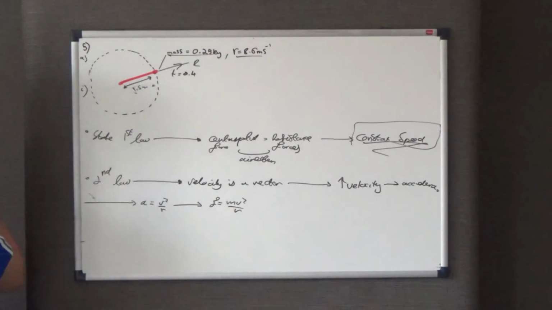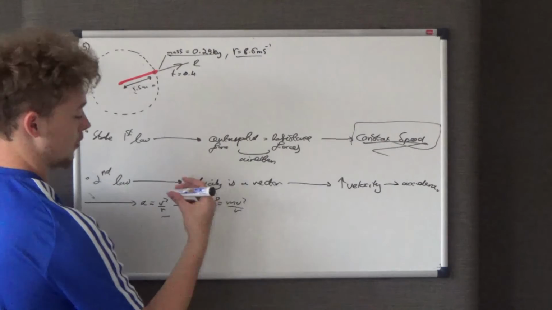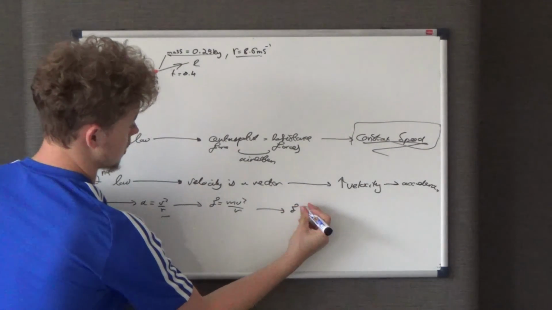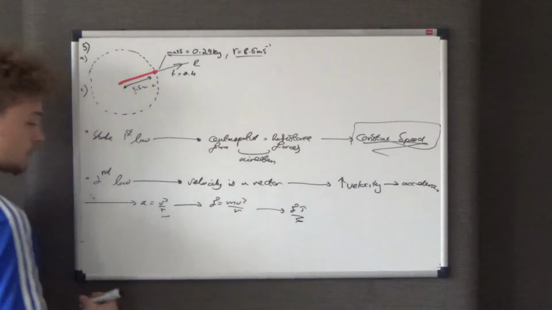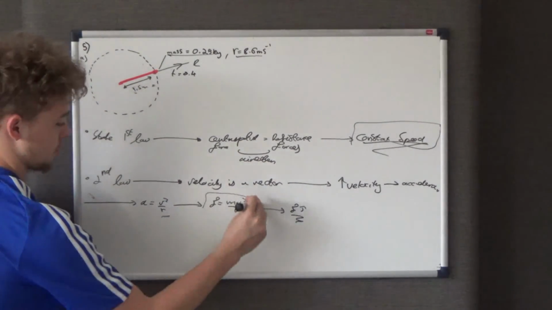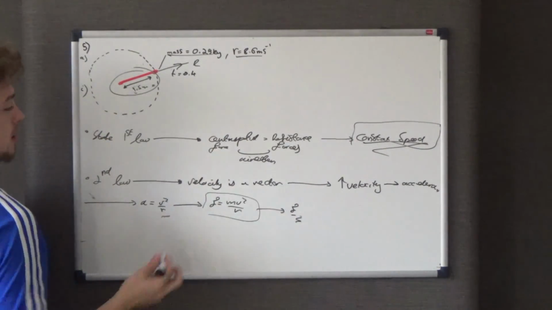We assume the radius is the same, so there is a resultant force.